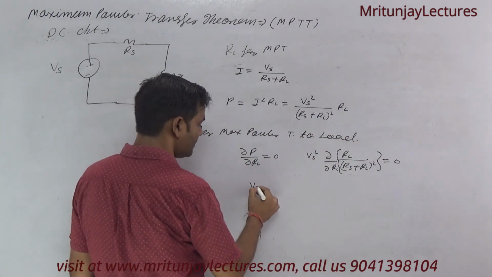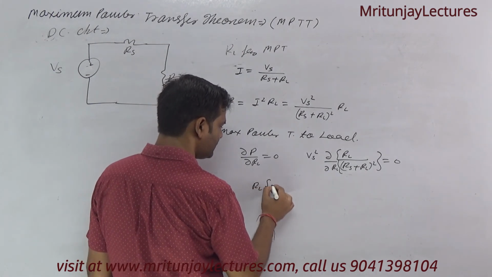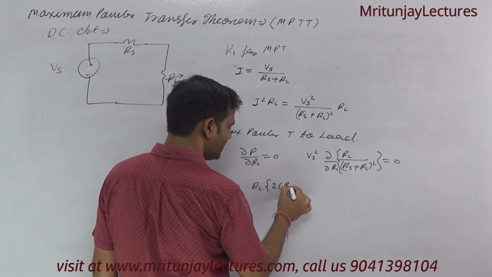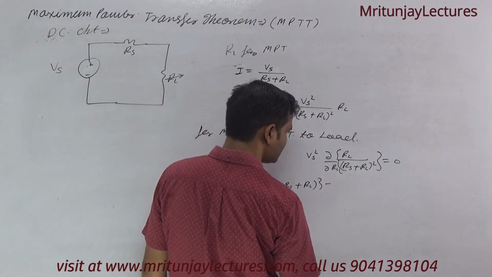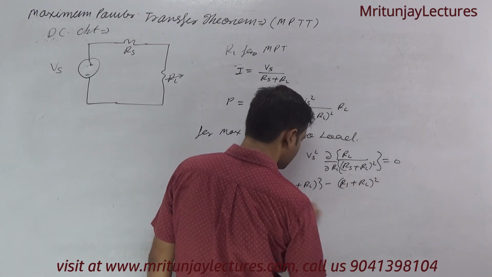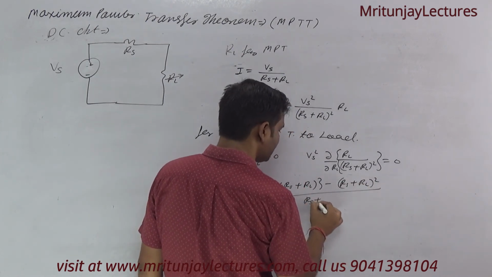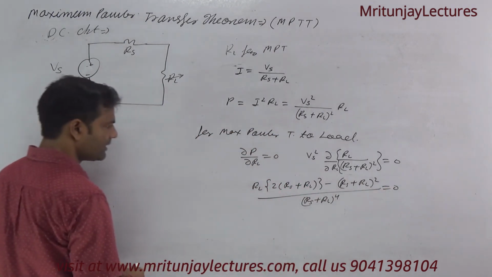Now RL into 2 times (RS plus RL), minus (RS plus RL) squared, whole divided by (RS plus RL) to the power 4, this will equal 0.